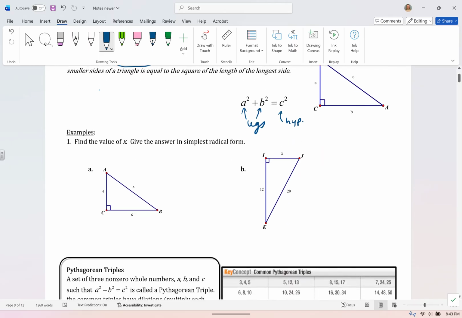And so the thing is, if you do the Pythagorean theorem, the sum of the legs squared is equal to the hypotenuse squared. 16 plus 36 equals x squared.